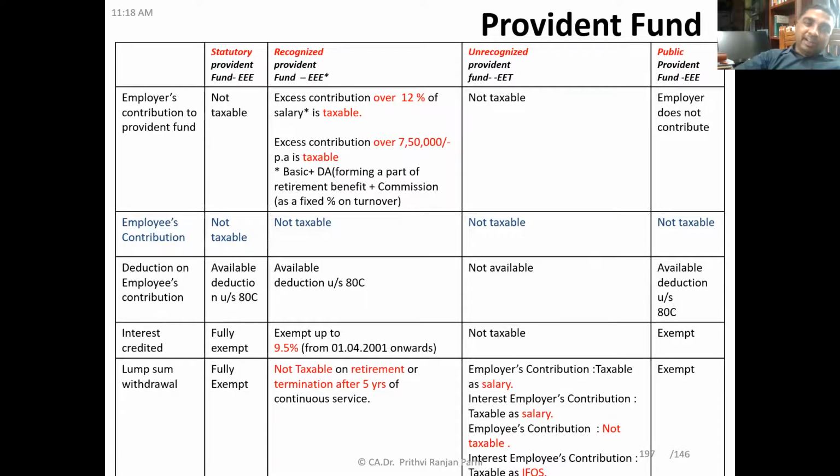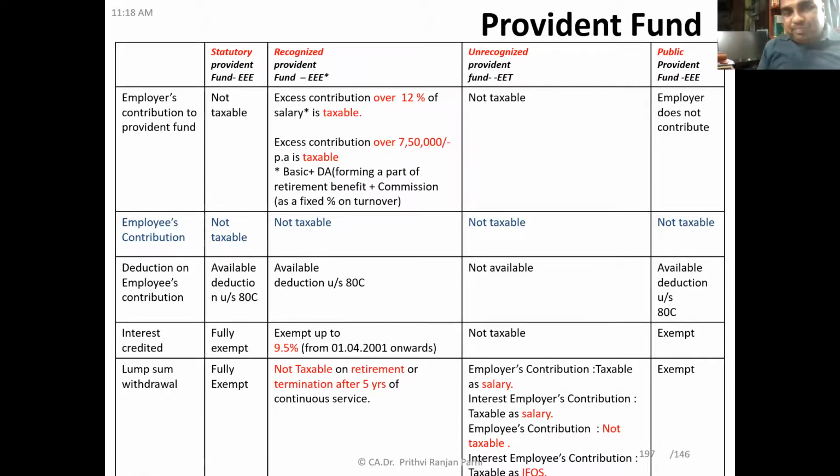Below that, under statutory fund, I have written EEE. EEE means it is always exempt, exempt, exempt. We will see what is exempt. Then recognized provident fund is also exempt, exempt, exempt, but with an asterisk, which means there are exemptions subject to certain conditions.